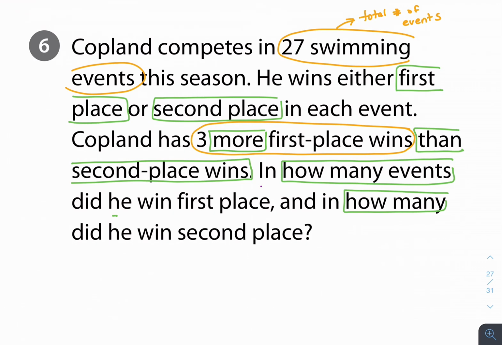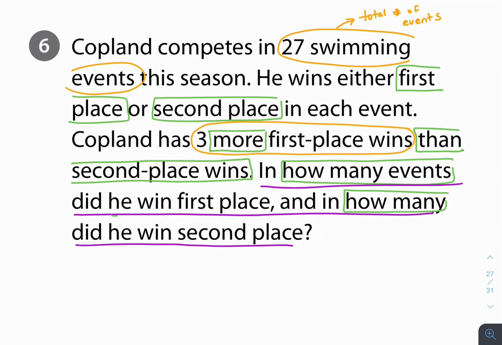I'm going to underline my question. And based off of my annotations, I can see that I'm trying to find out how many events he won first place and how many he won second place.